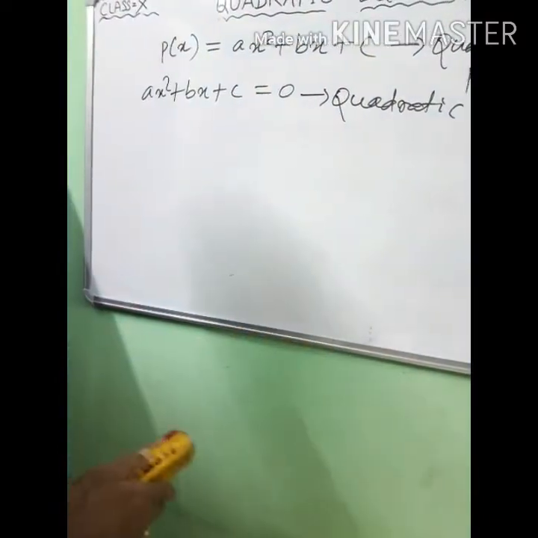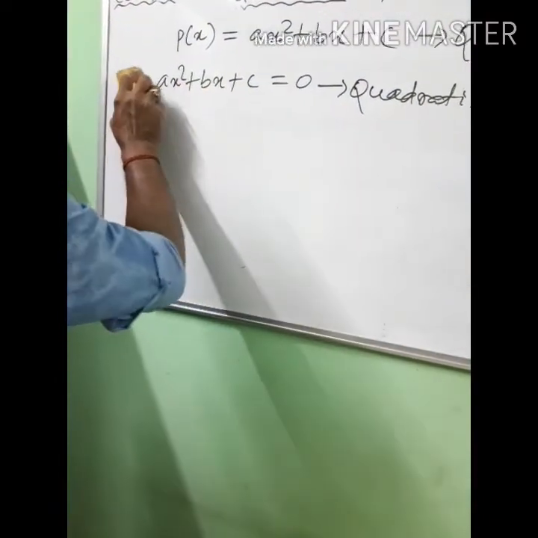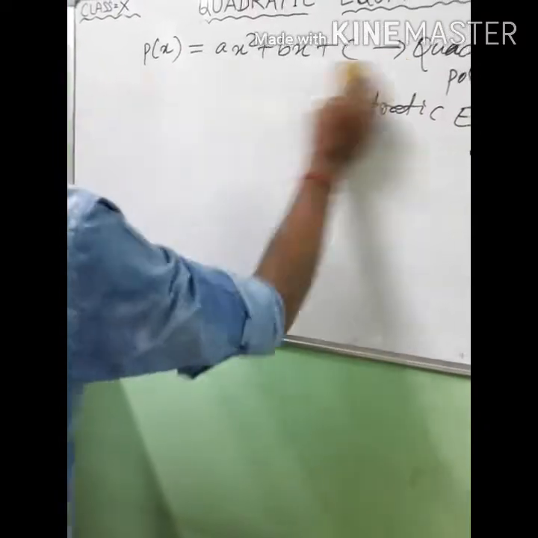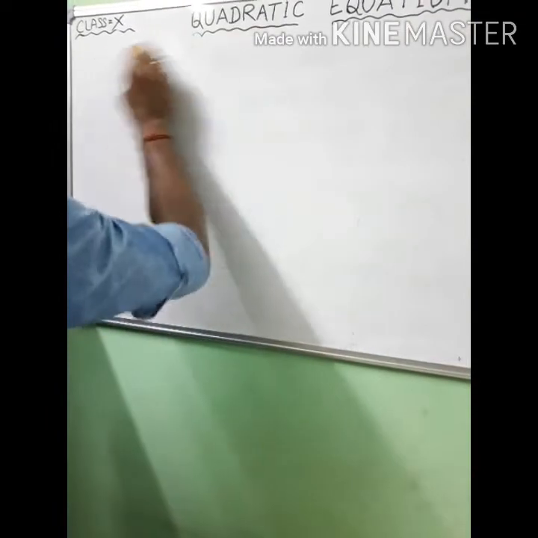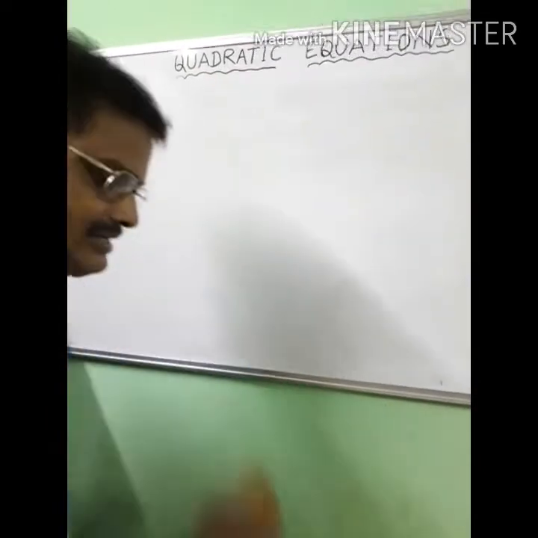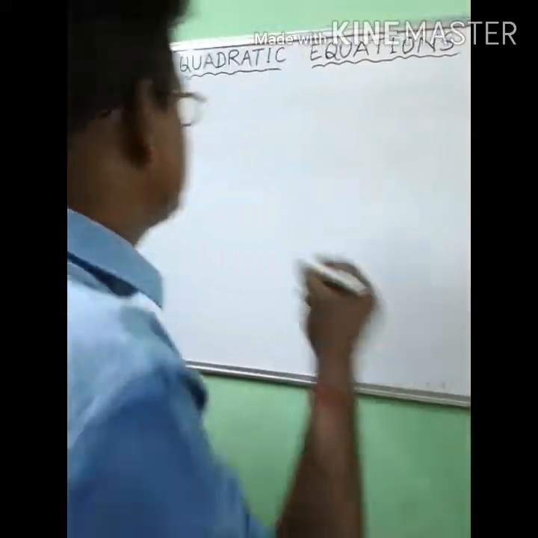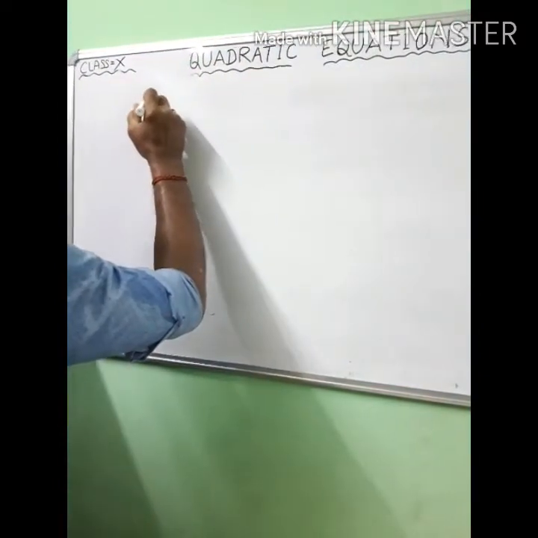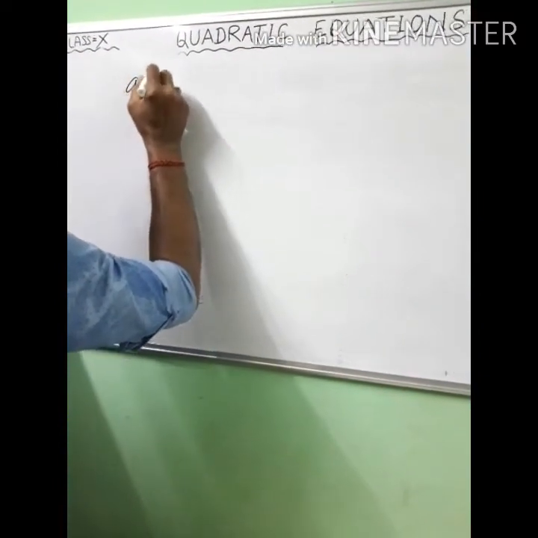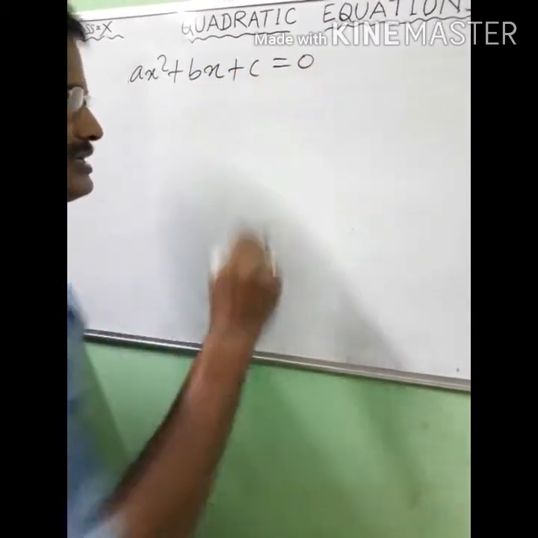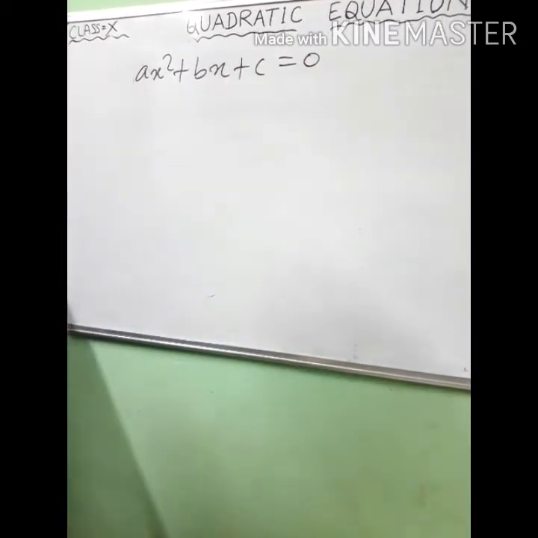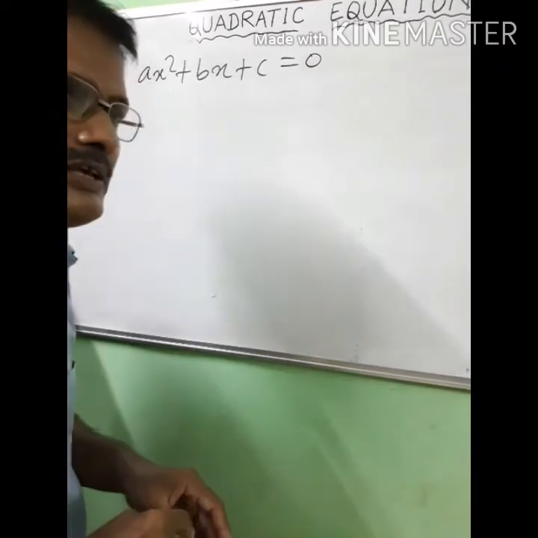Now, what is the general form of a quadratic equation? The general form of a quadratic equation is already written: ax square plus bx plus c is equal to 0. Okay.